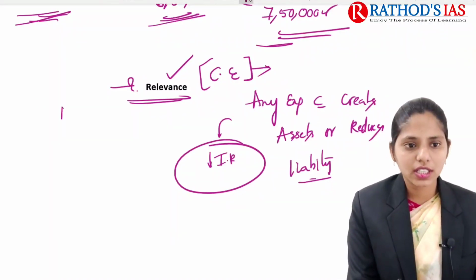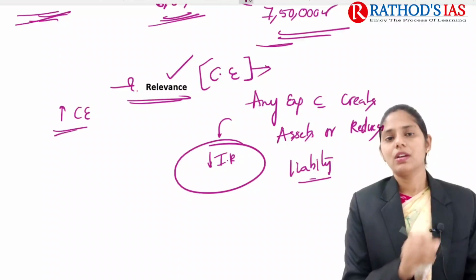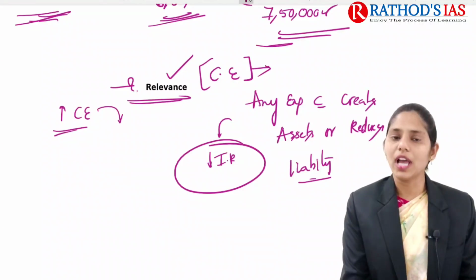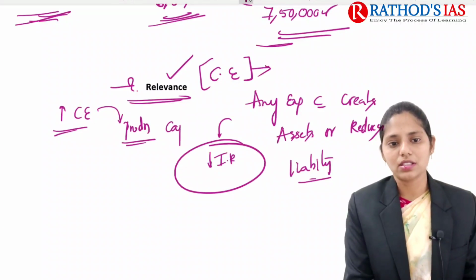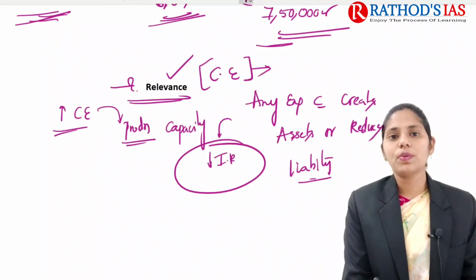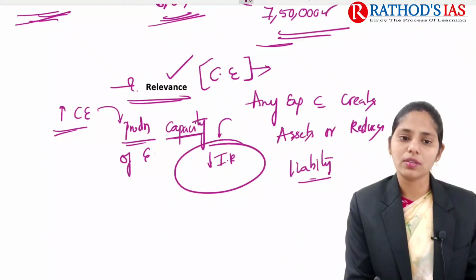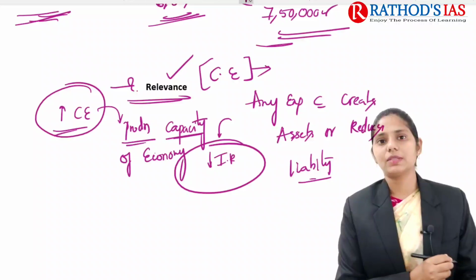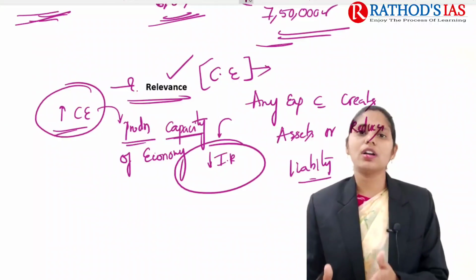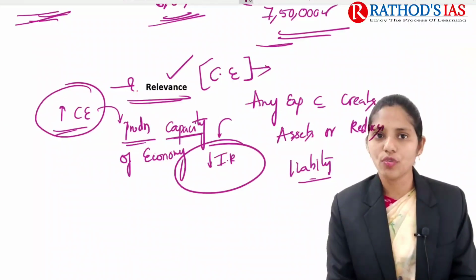Whenever there is an increase of capital expenditure, finally it will add to the production capacity of the economy. Whenever we are increasing capital expenditure, it mainly contributes to the production capacity of our economy.